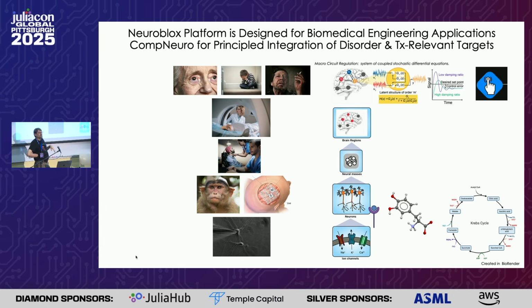These are all things where it is not clear what the connection is from a neuron to the upper scale, right? And then on the left side, you can see the different measurements that we have. We have measurements on single neuron scale. We have measurements on patches of neurons. Then we have EEG, which is very broad, just electric fields on the skull.